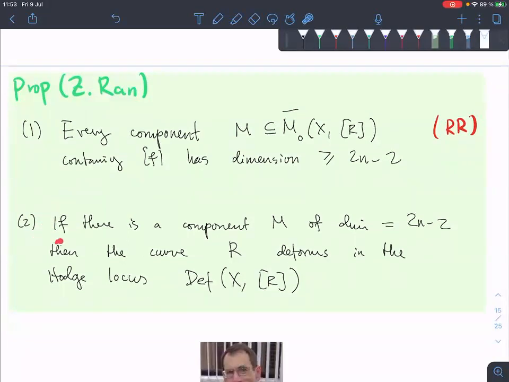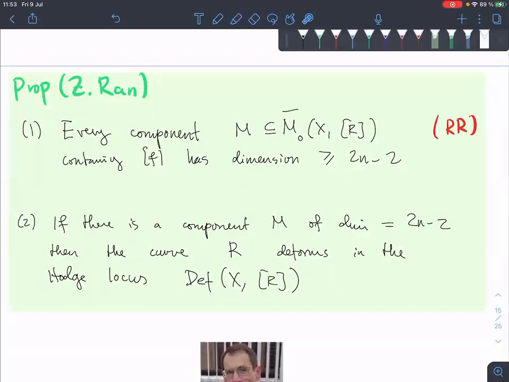It says that if there is a component which has dimension exactly 2n-2, so having equality here, then the curve actually deforms in the Hodge locus.